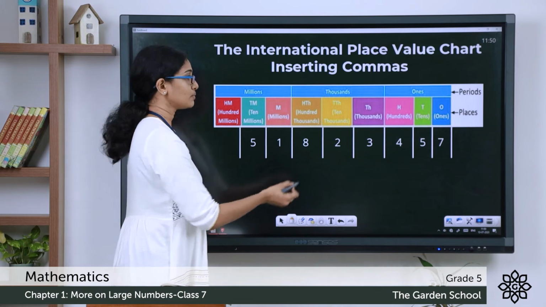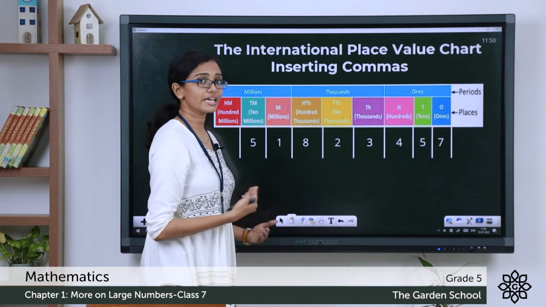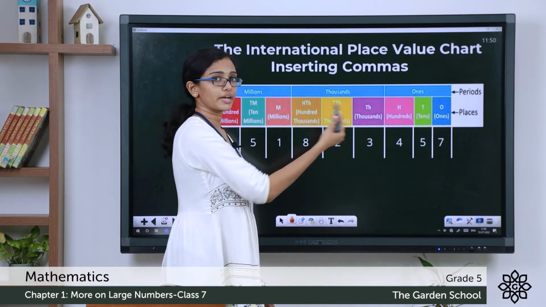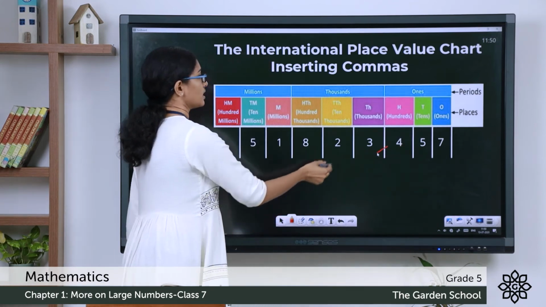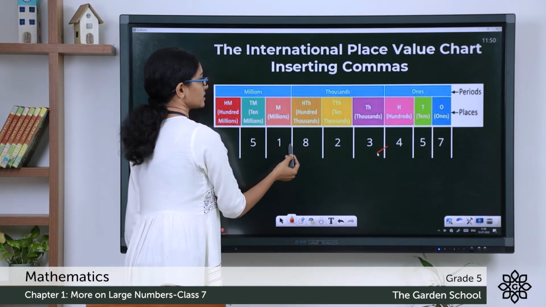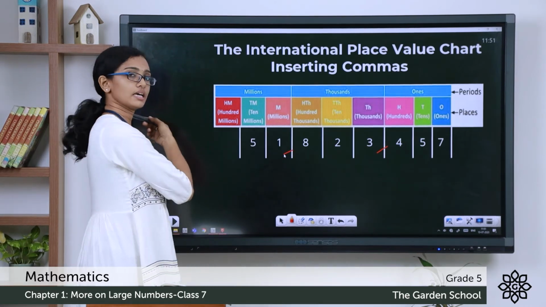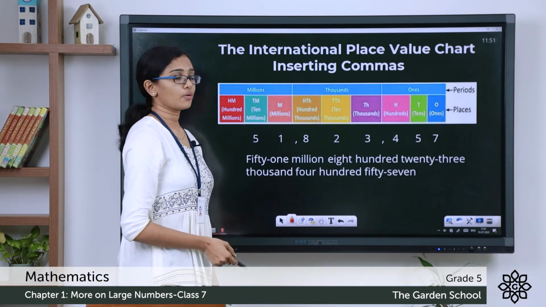Like the Indian system, let's insert commas in between to separate the periods so that it will be easier to read. So how do we insert commas? We start grouping from right to left. So ones, tens, hundreds, a comma here, thousands, 10,000s and 100,000s, then millions, 10 millions and so on. How do we read this number now?